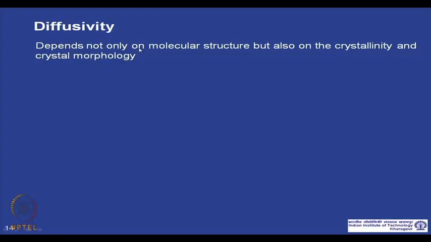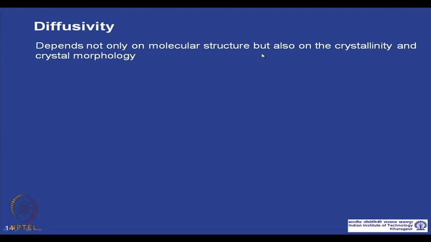Now, the diffusivity of the gas depends upon chemical structure. It does not only depend on the molecular structure, but also on the crystallinity and crystal morphology. In a semi-crystalline polymer, crystalline regions are highly dense, and basically act as a very high barrier to any diffusion through them. So, the higher the crystallinity, the higher the barrier property of that polymer.